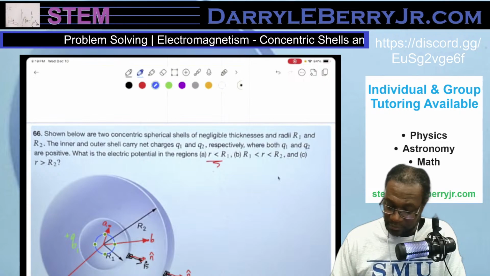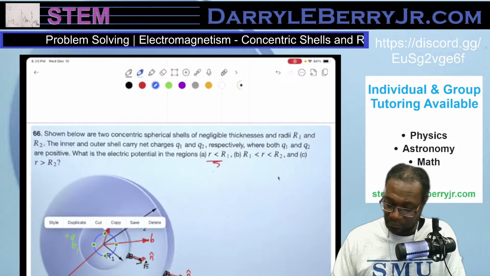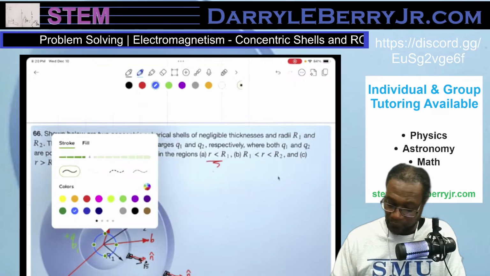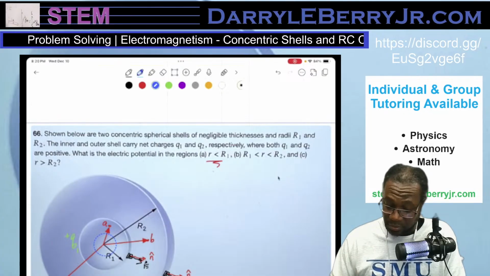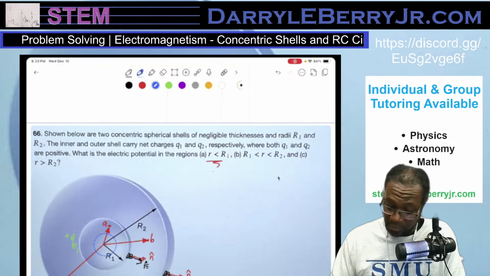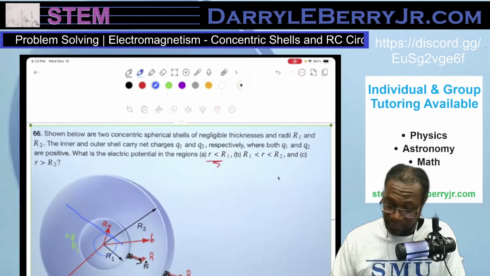The Gaussian surface for the inner circle would be here for point A. We see there's no charge enclosed in that Gaussian surface.